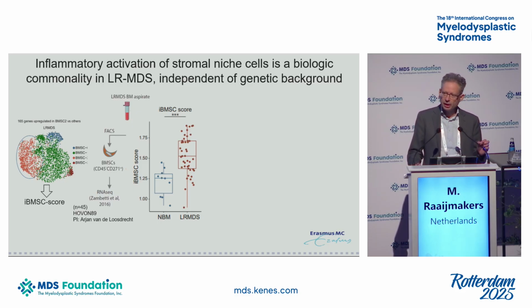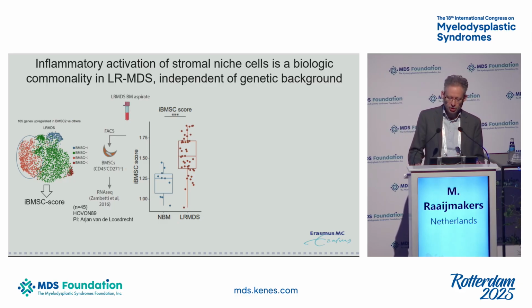And by generating such a score, you can now go to a larger cohort of low-risk MDS patients. And these are patients from the HOVON 89 study. And we looked at 45 patients where we did bulk RNA sequencing on the stromal population and then calculated the amount of inflammation in stromal cells.